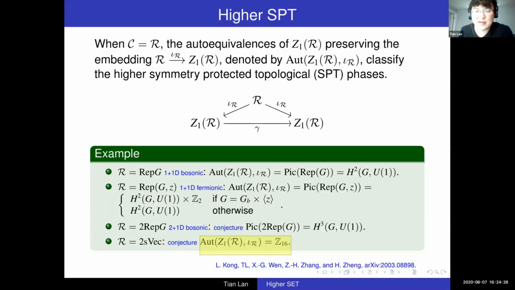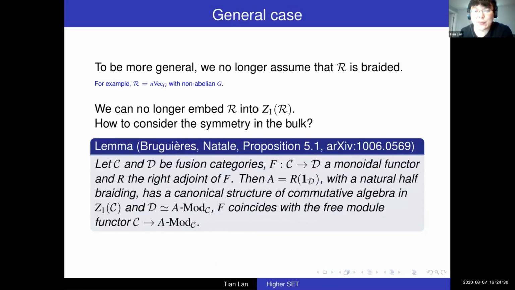Okay. So next, I want to go to the more general case. I no longer want to assume that this R is braided. An example is G-graded vector spaces, a kind of dual symmetry. And if the group is non-abelian, then it cannot be a braided fusion category.